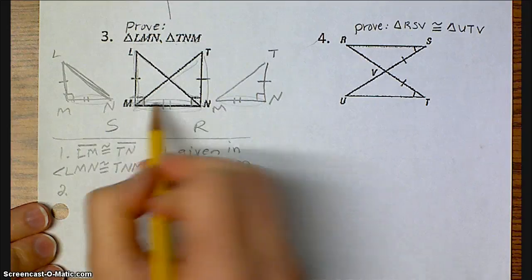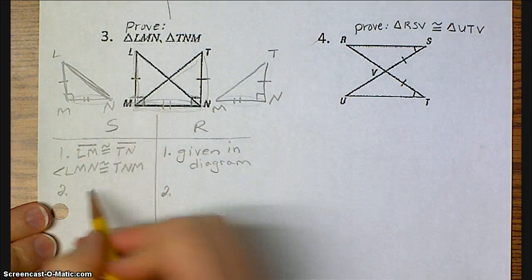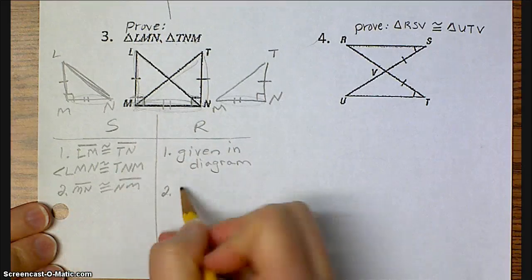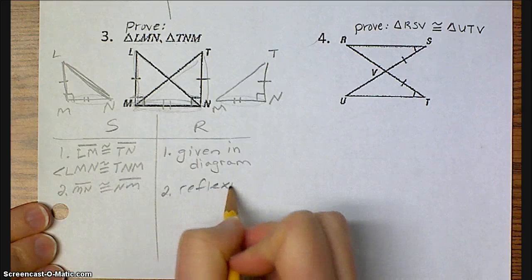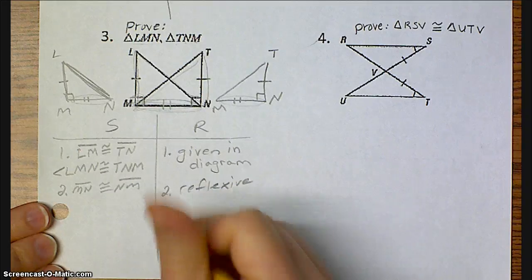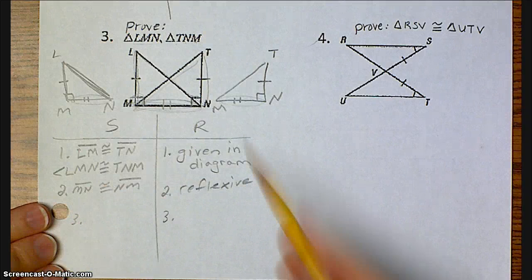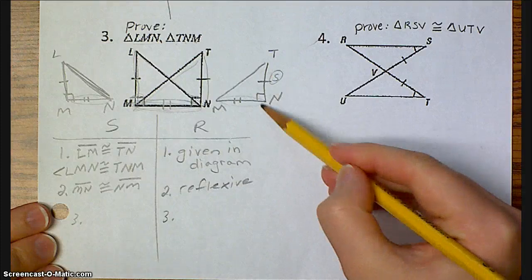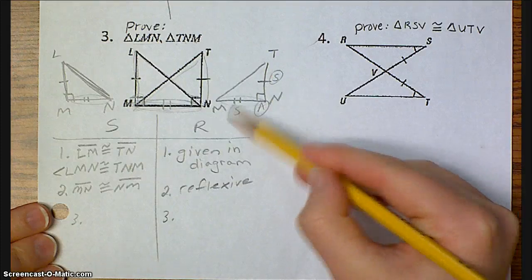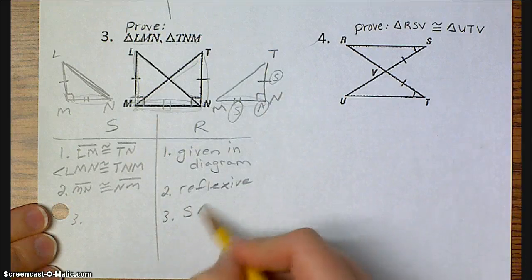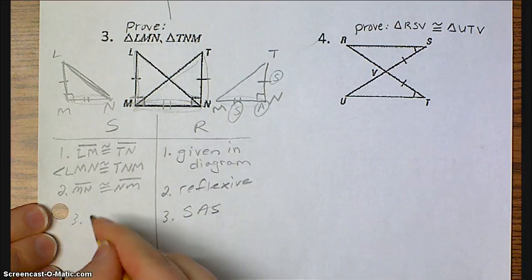We then said that MN kind of overlaps itself, so we would say MN is congruent to NM by reflexive property. Then I'm going to collect my inventory. I have a side, angle, and side, and that angle is in between the two sides. So again, I have SAS.